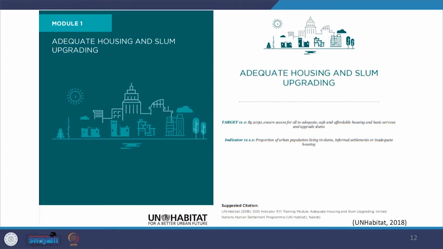As per the UN Habitat report on adequate housing and slum upgradation 2018, they mention that the steady trend towards urbanization is going to influence virtually every phase of human work in the coming years, including health, economic, social, and environmental.